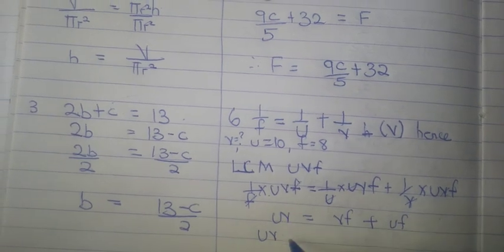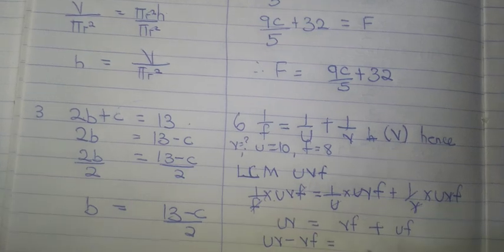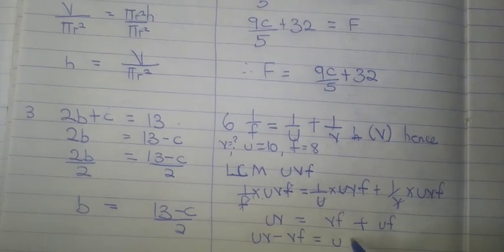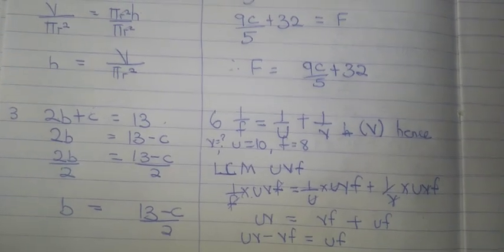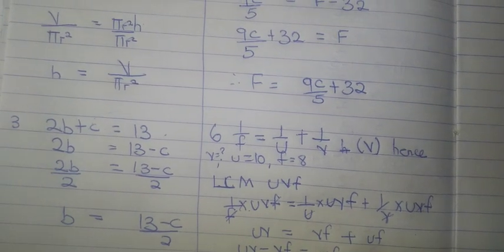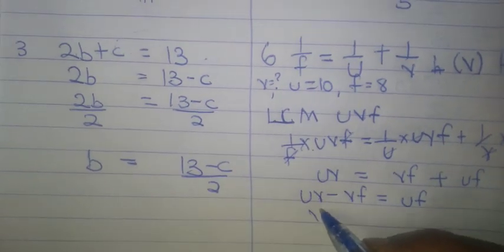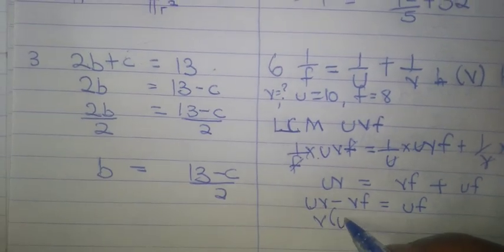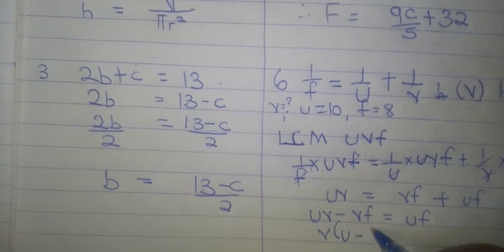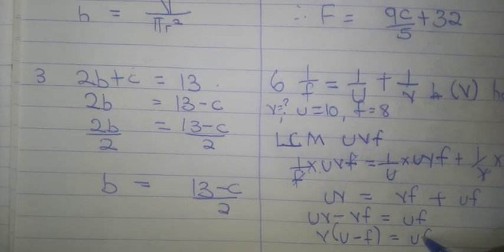This crosses the equal sign, becomes negative, minus VF equals our UF. From there, I'll factorize out this V, which is in common. I pull the V out, I remain here with the U, then minus F, which will equal my UF.